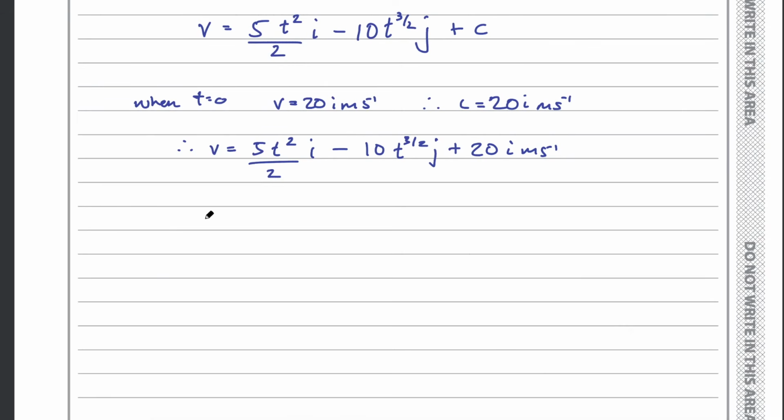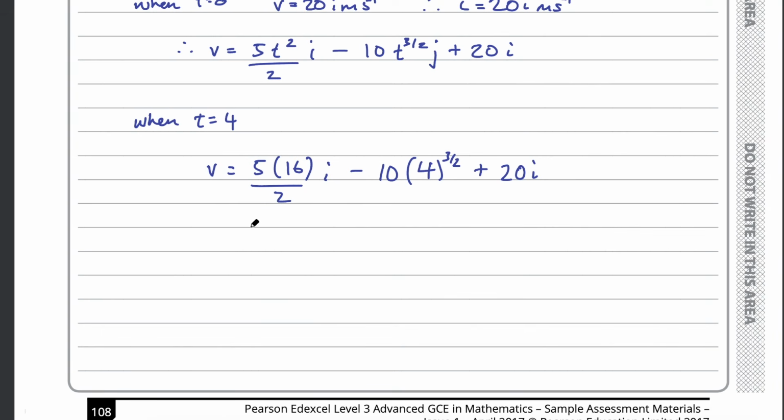So let's firstly find the velocity when t equals 4. So when t equals 4, v is going to equal 5 times 16 on 2 minus 10 times 4 to the power of 3 on 2 plus 20. So now we can just go ahead and simplify this.